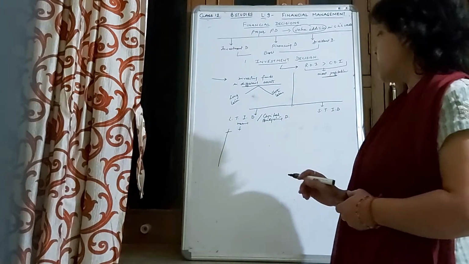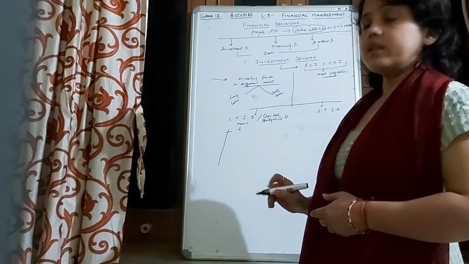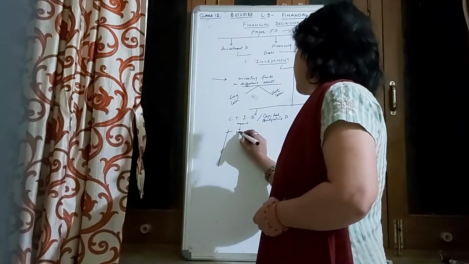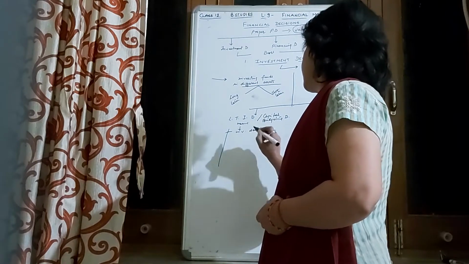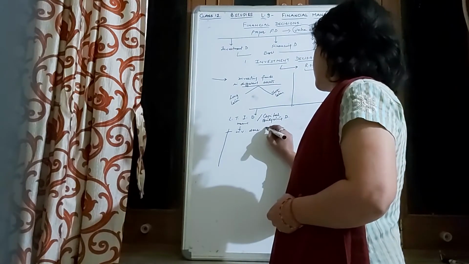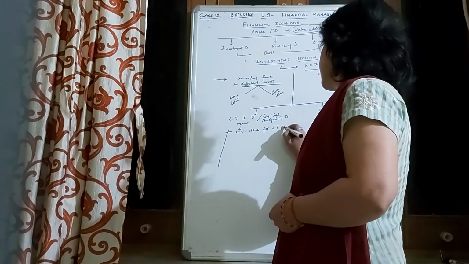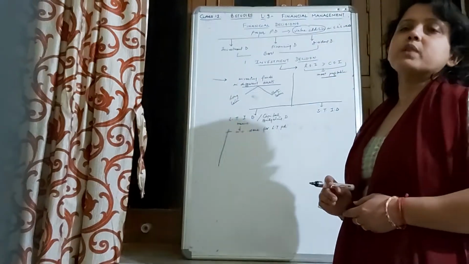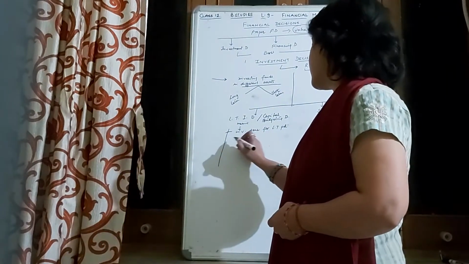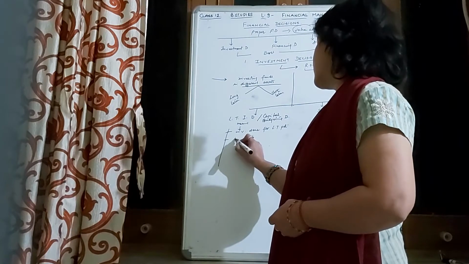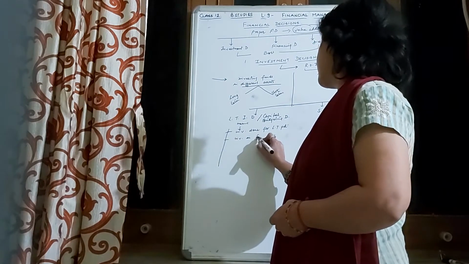Long term investment means investment done for long term period. And if the investment is done for long term period, generally such type of investment is related with investment in fixed assets.